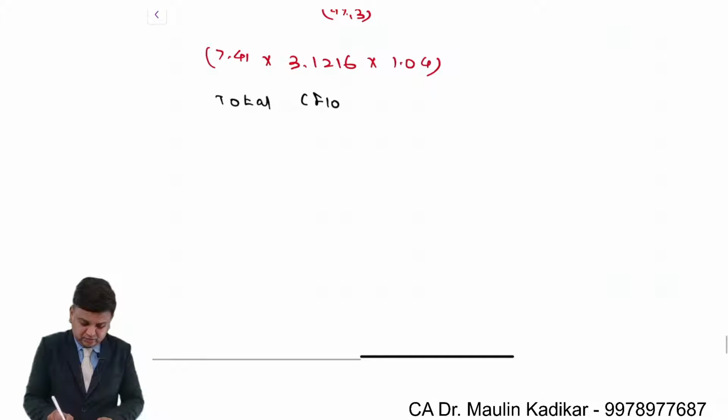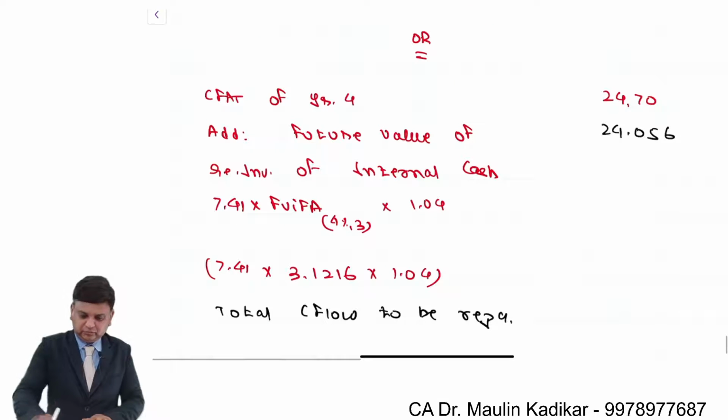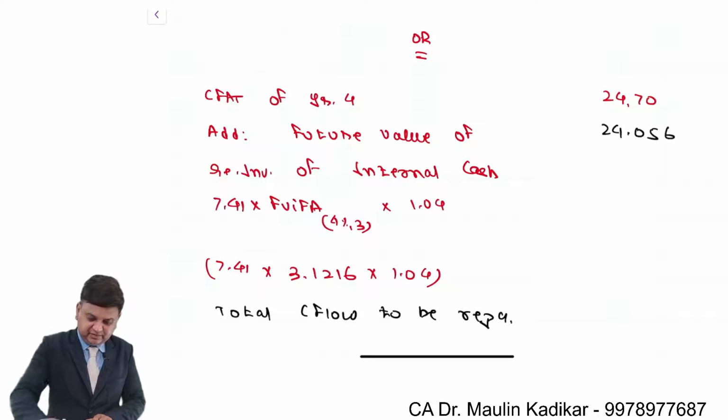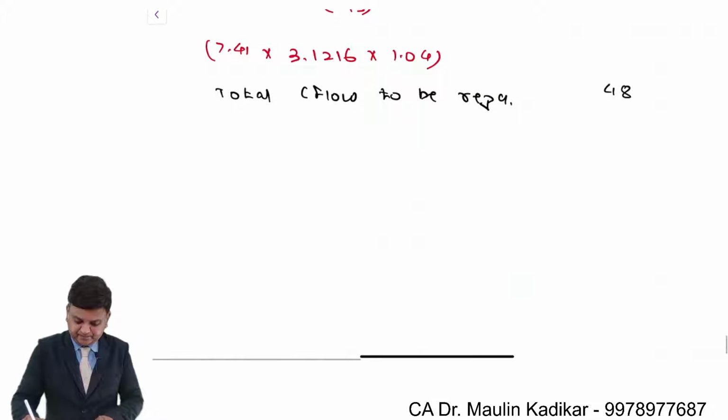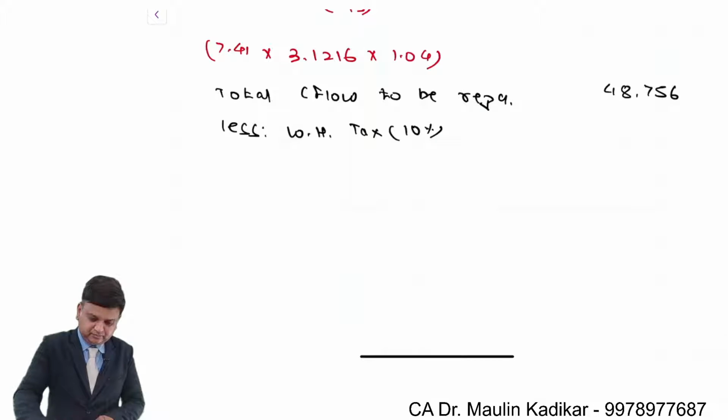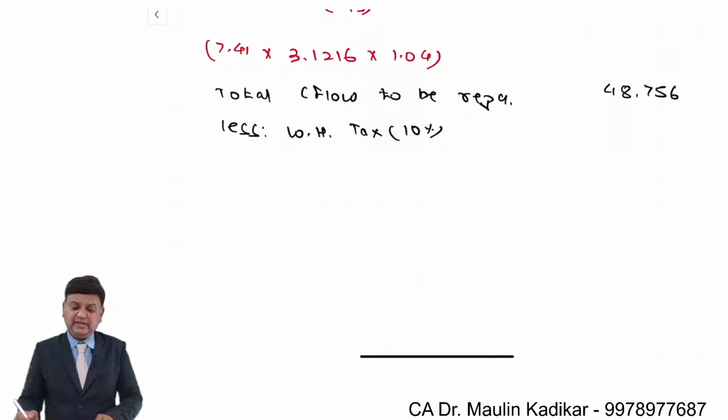Total cash flow to be repatriated. So 24.7 plus 24.056 is 48.756, less withholding tax at the rate of 10%, 4.876.